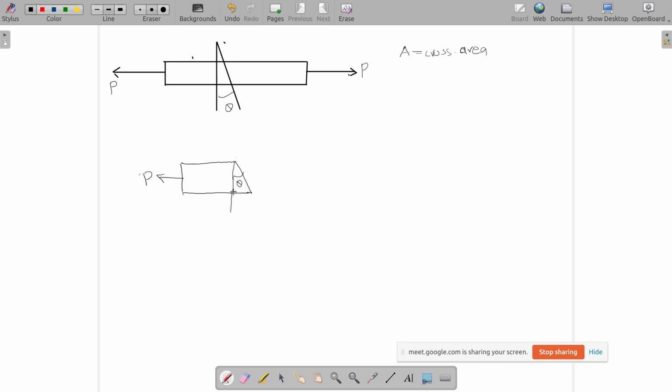If this area is A, the area of the cut section will be A divided by cos theta, right? Because the inclined area times cos theta will be the value of the cross sectional area, hence A by cos theta will be the area of the inclined surface here.